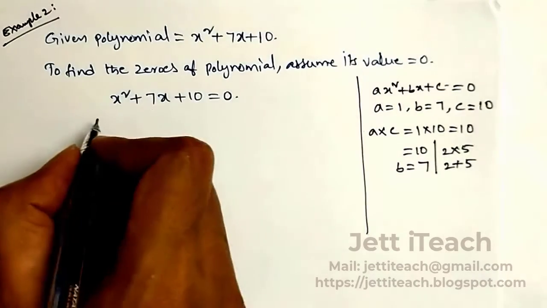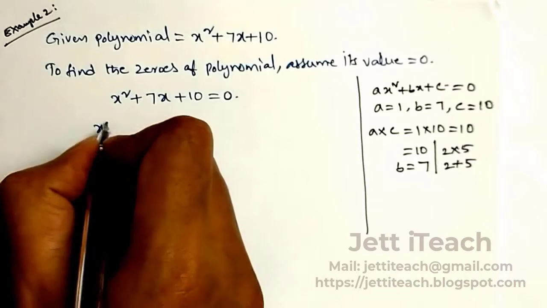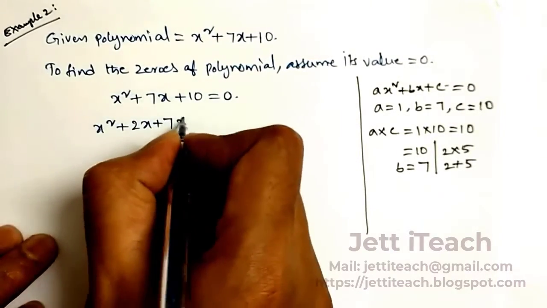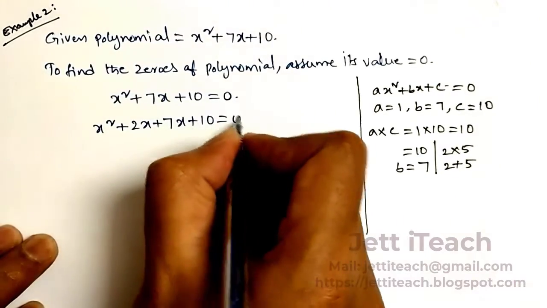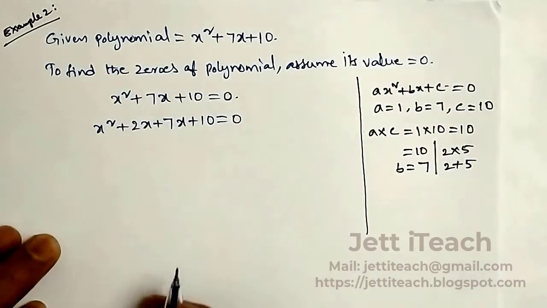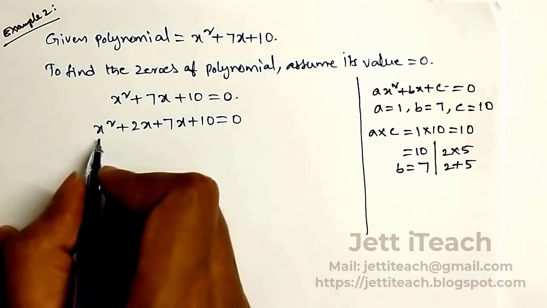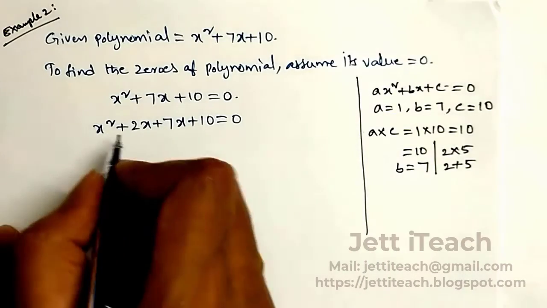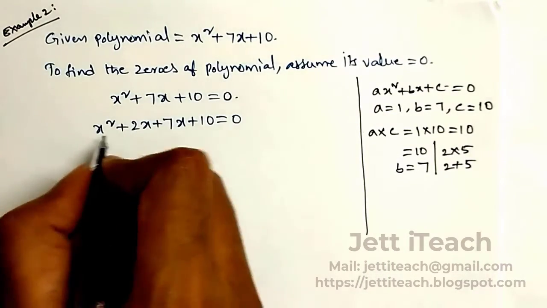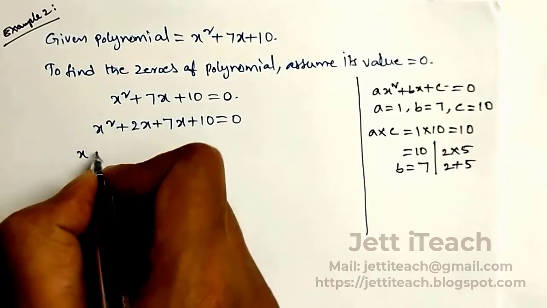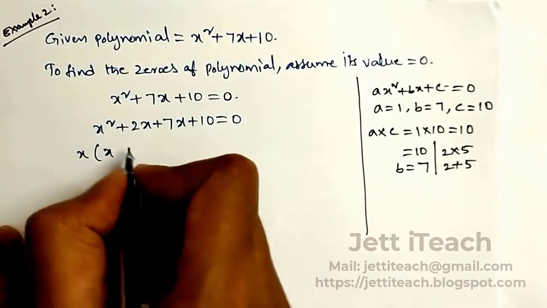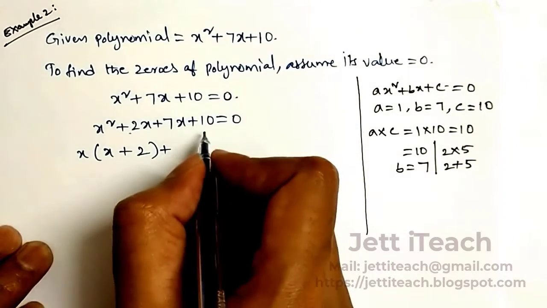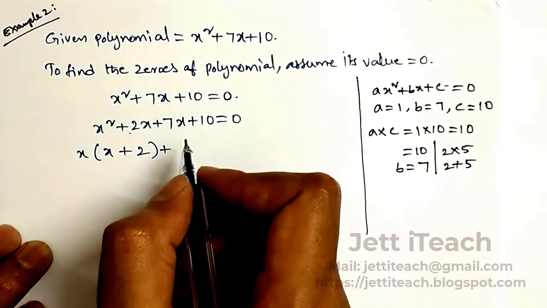Now you can write this as x square plus 2x plus 5x plus 10 equal to 0. You can take common terms out. Here x is common, so x into x plus 2.